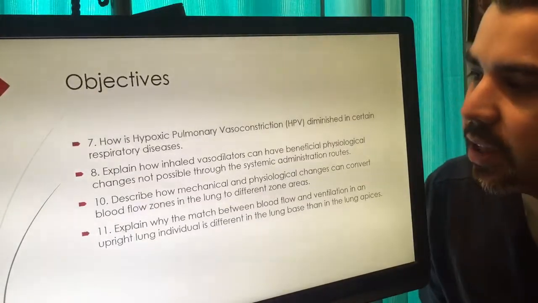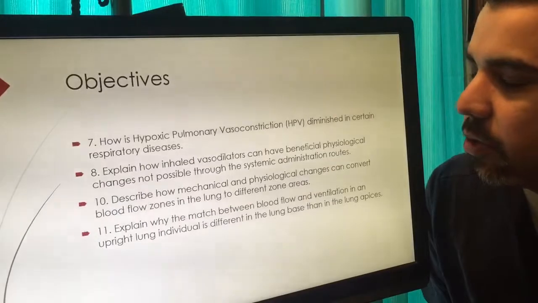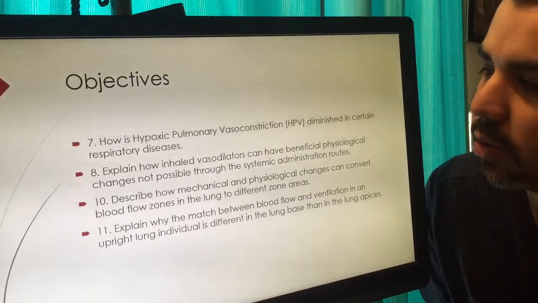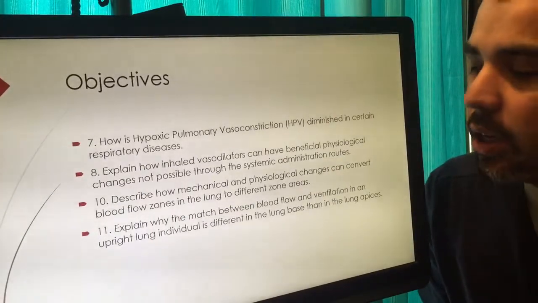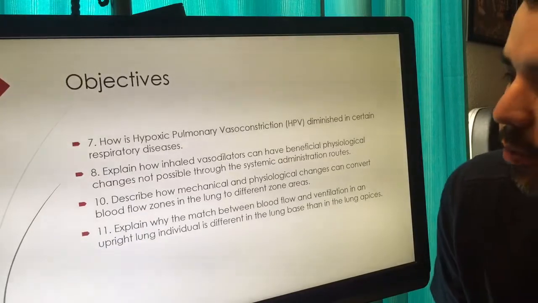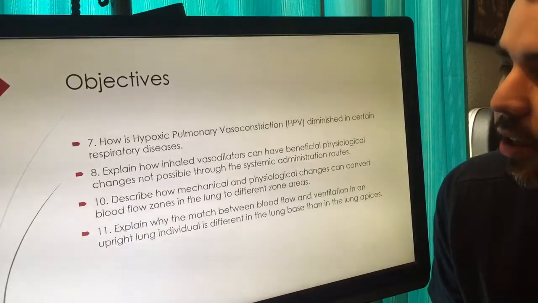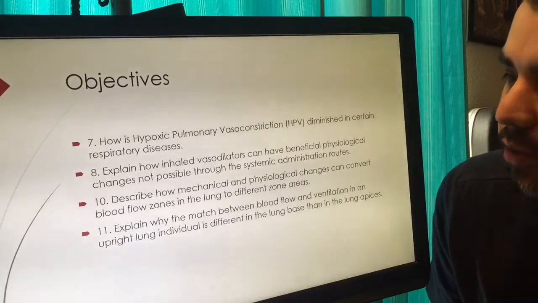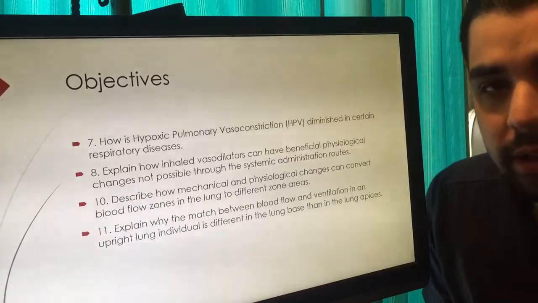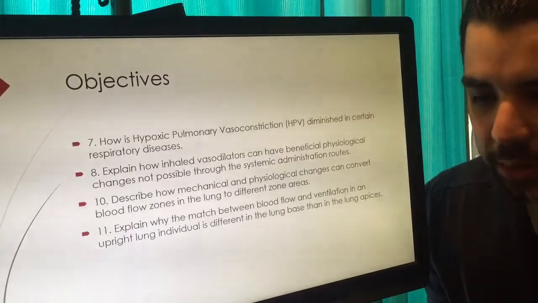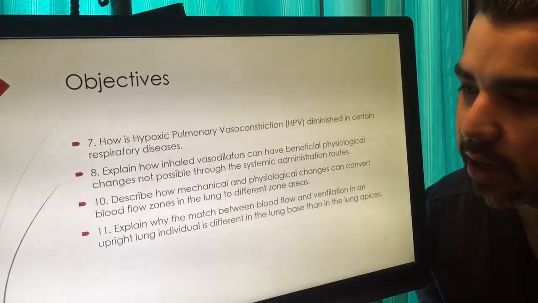Explain how inhaled vasodilators can have beneficial physiological changes not possible through systemic administration routes. Describe how mechanical and physiological changes can convert blood flow zones in the lung to different zone areas. That one's pretty fun to listen to, so check that out.